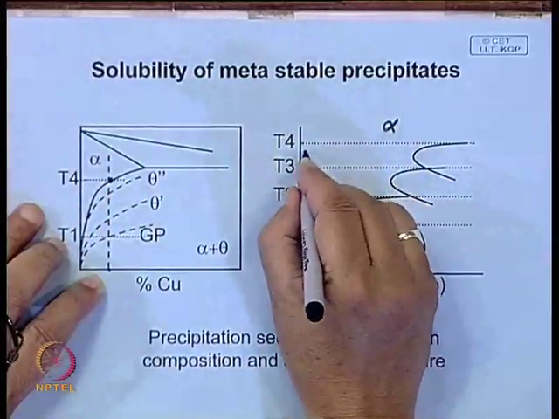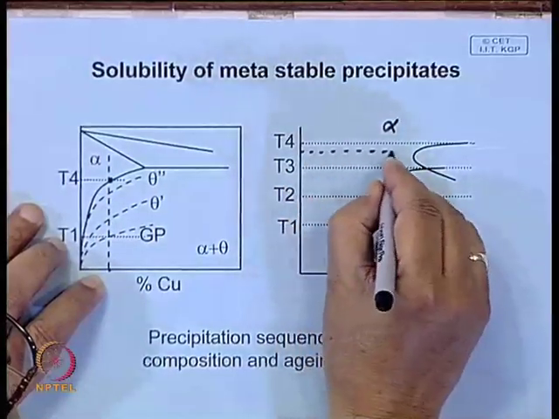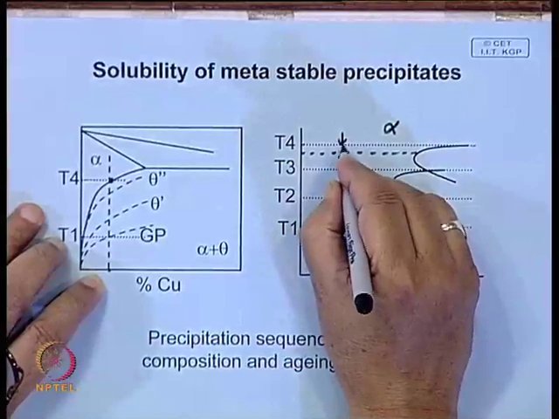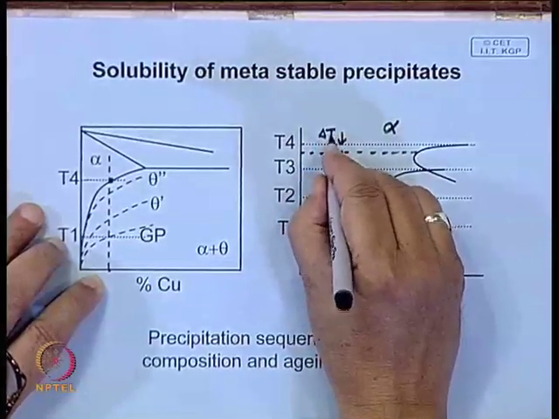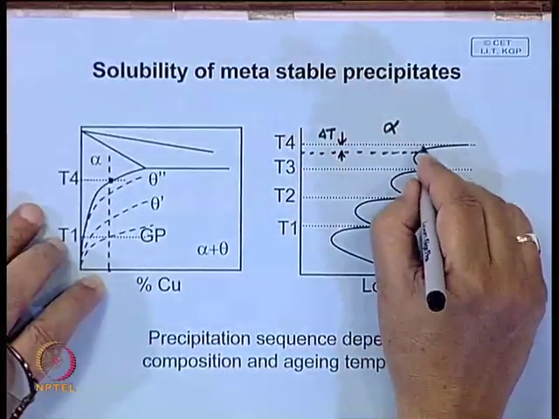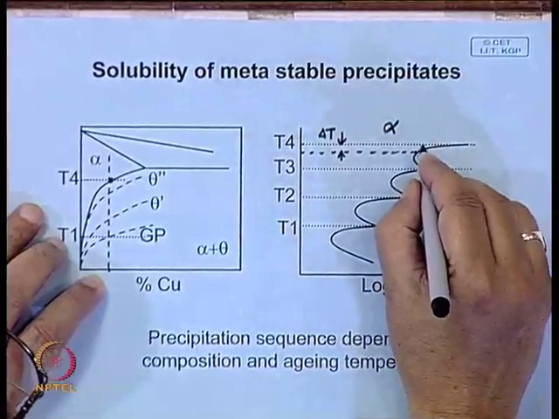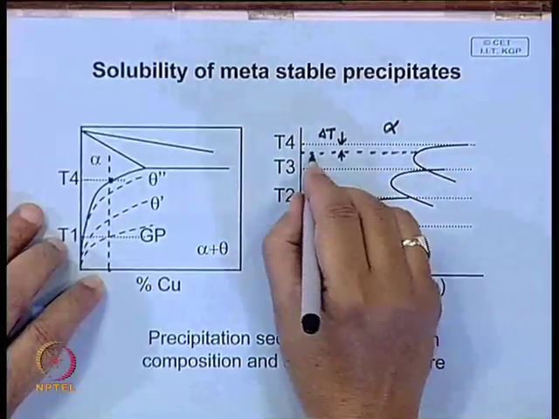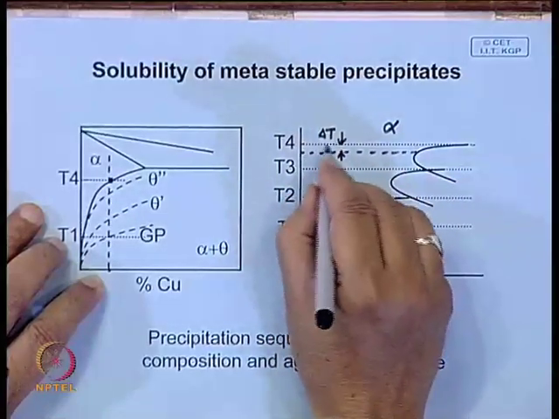But when you come down here, there is a degree of supercooling. The higher the degree of supercooling, the higher the driving force. Therefore, nucleation becomes favorable, and the kinetics will be determined by the movement of atoms to form the precipitate.